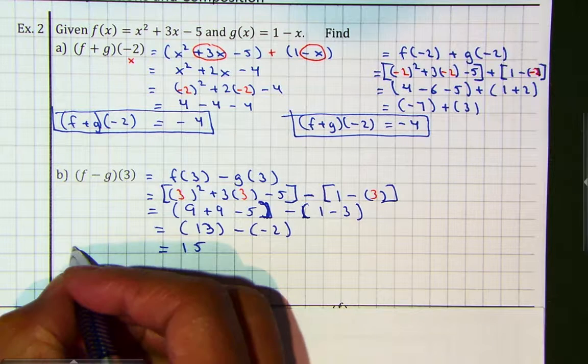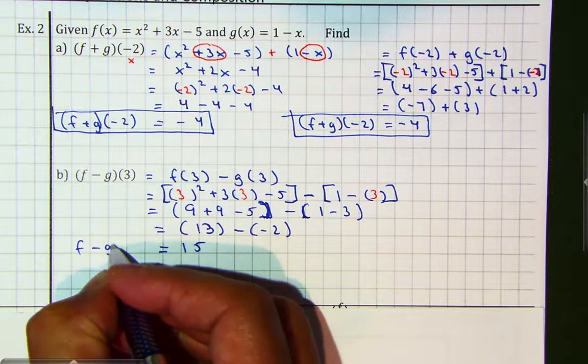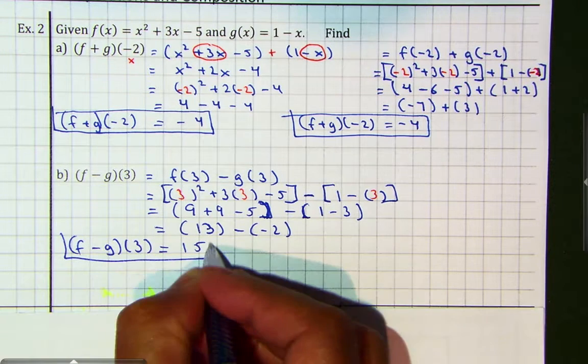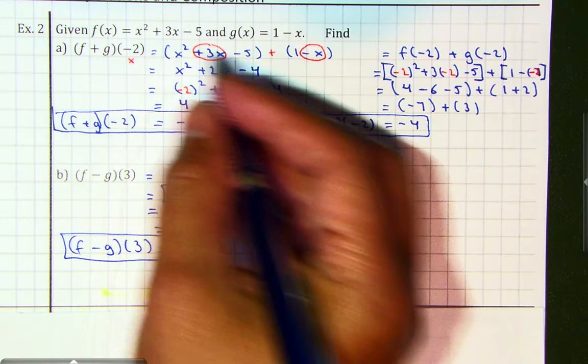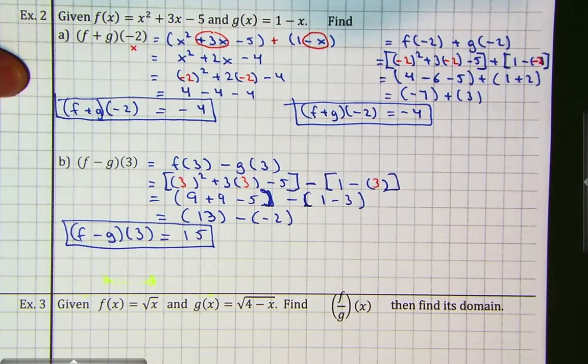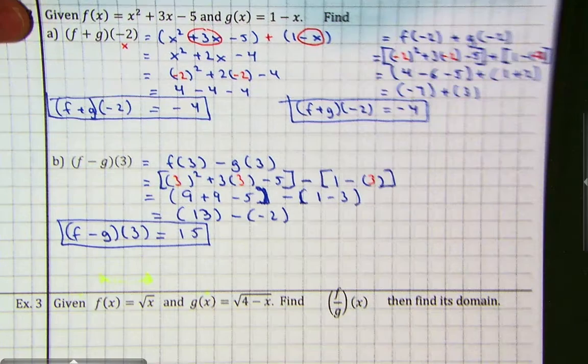So therefore f minus g of 3 is 15. Now if you had done it the other way, where you subtract them first, you'll get exactly the same answer. Example number 3.